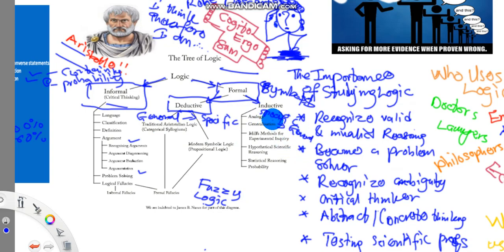For inductive reasoning, you have things like analogies: this thing happened, this is how something behaves, so therefore this is how something else behaves in this context. Making generalizations, and probabilistic reasoning, when you use probabilities. This is all about inductive reasoning, the chances something will happen. Deductive reasoning is more about certainty.